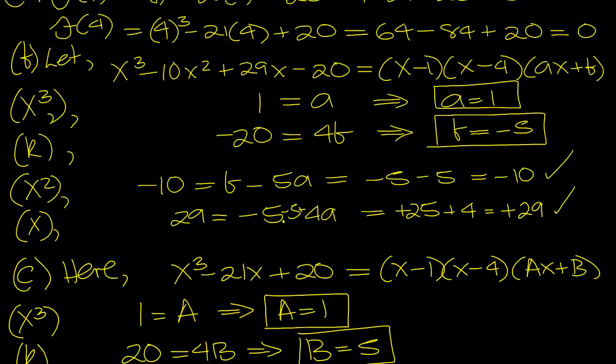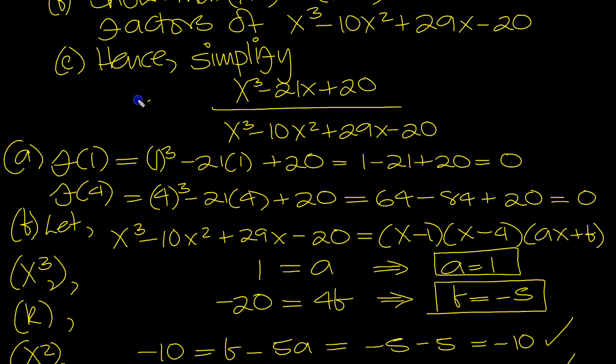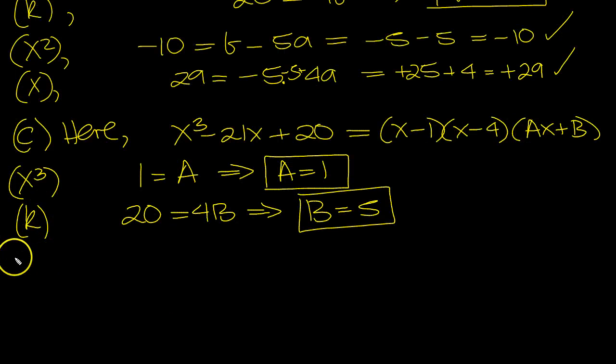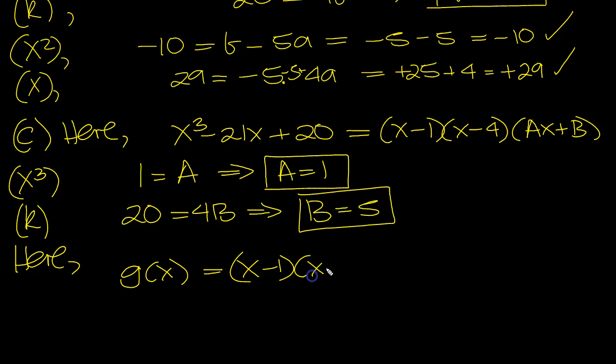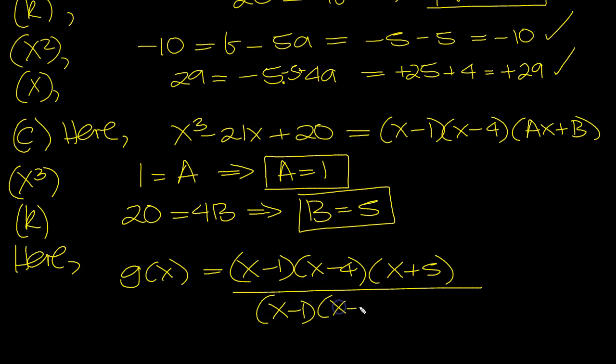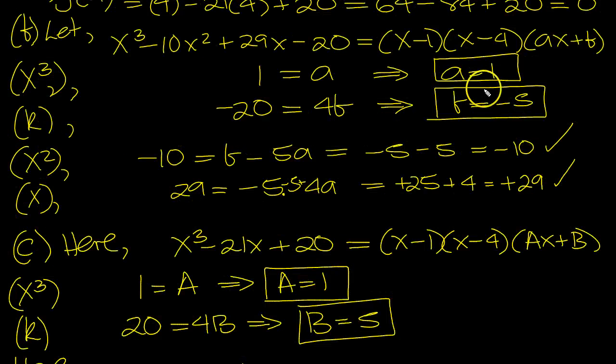So let's call this in the question g of x. So here then, g of x is equal to x minus 1, x minus 4, times x plus 5, divided by x minus 1, x minus 4, and the other one above was x minus 5.